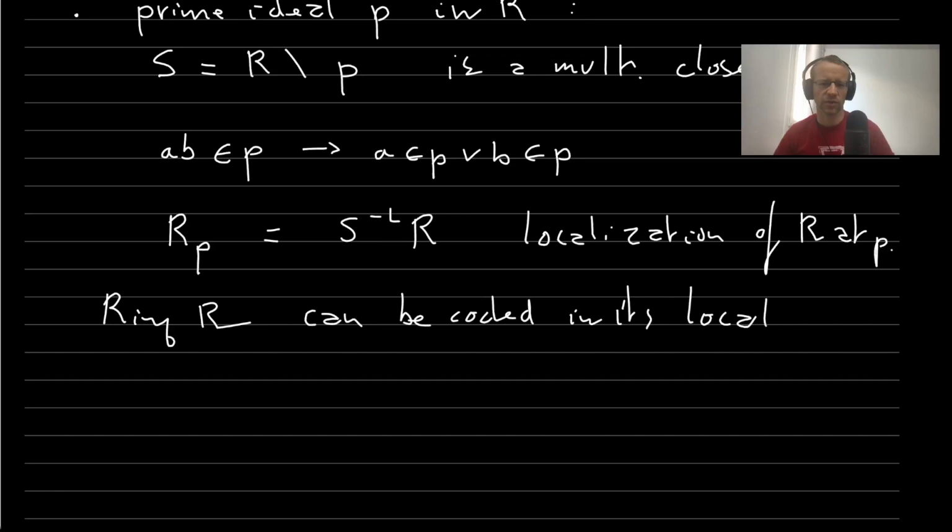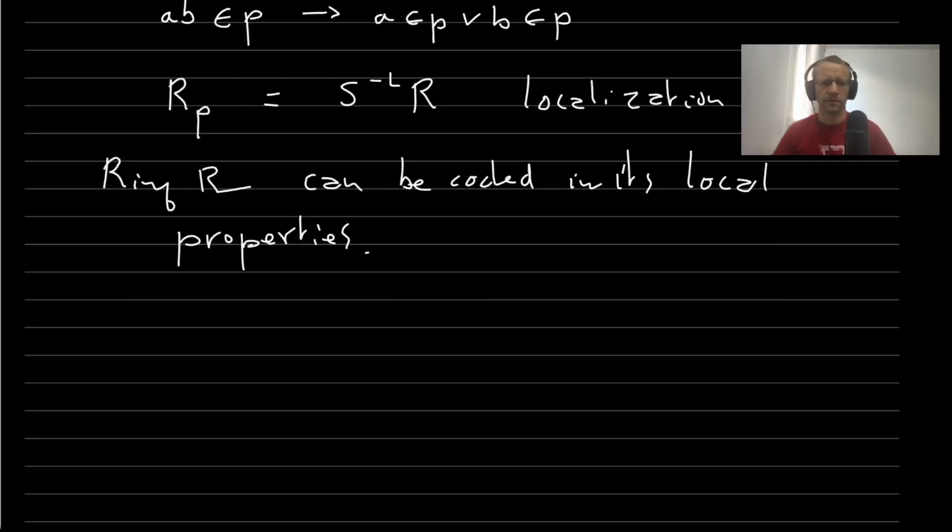That is to say, in the properties of the localized rings with respect to its prime ideals. So this is a general tool to analyze rings, which generalizes the introduction of the fractions compared to the integers.